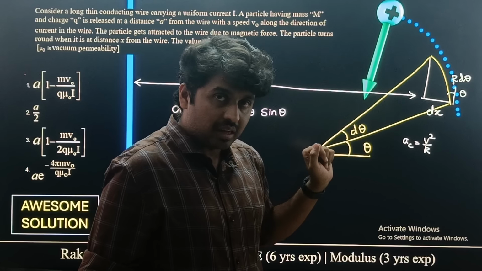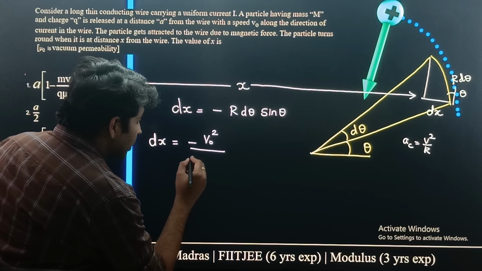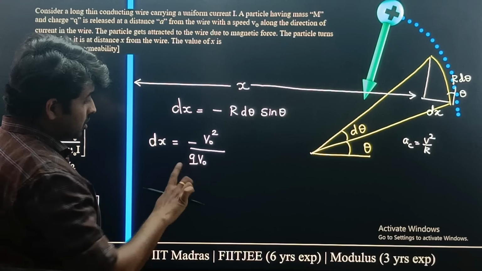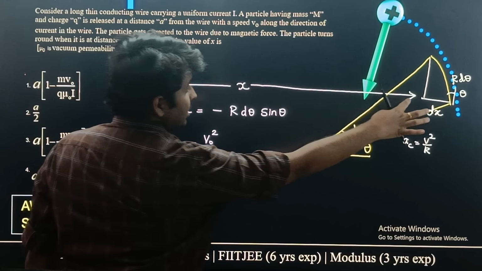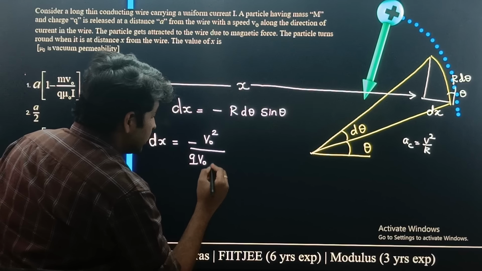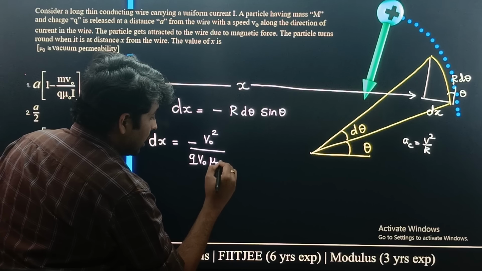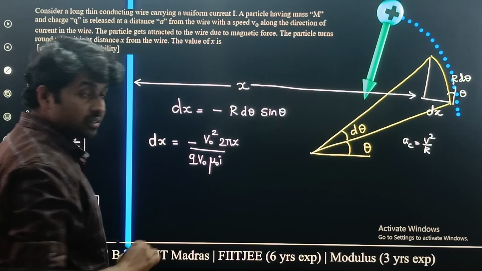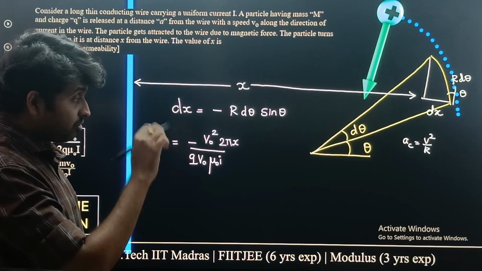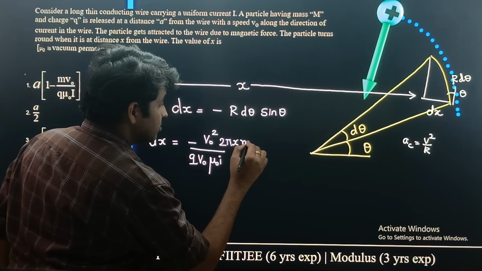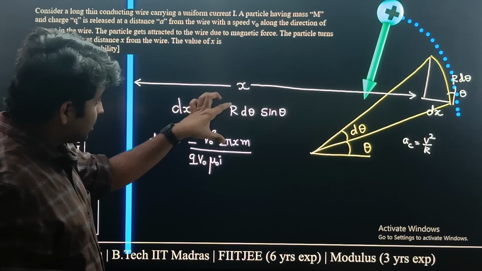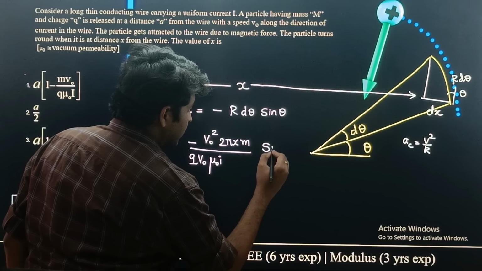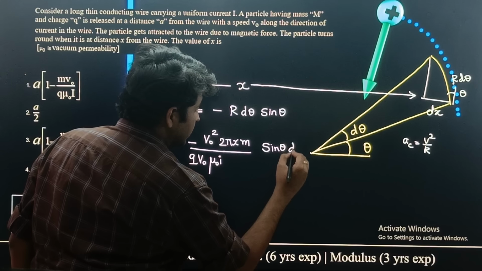Magnetic force by mass is acceleration. What is the magnetic force? QVB is the magnetic force. So Q V naught, what is the magnetic field when it is here? It is mu naught I by 2 pi x. That is the magnetic field. Magnetic force divided by mass is the acceleration. So we have written what is R, into sine theta d theta.